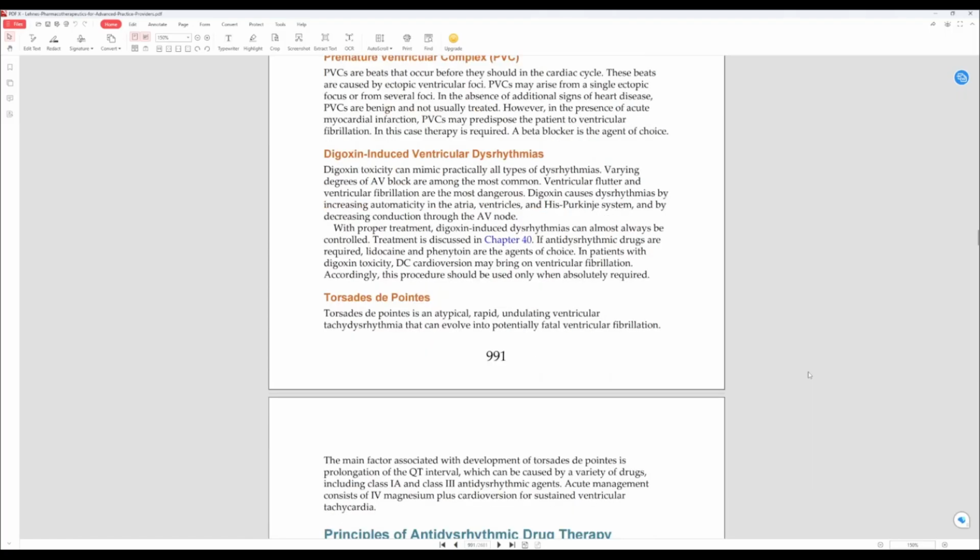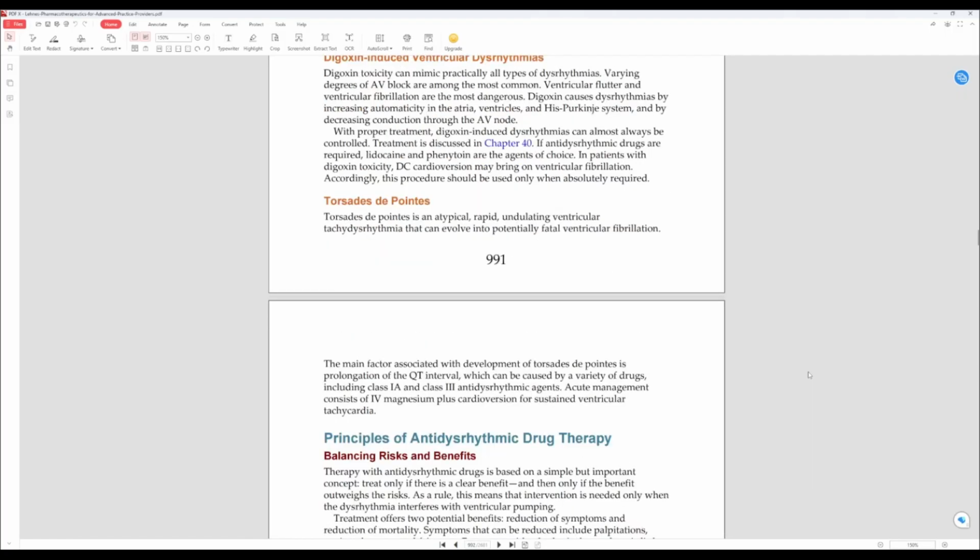Next are digoxin-induced ventricular dysrhythmias. Digoxin toxicity can mimic practically all types of dysrhythmias. Varying degrees of AV blocks are among the most common. Ventricular flutter and ventricular fibrillation are the most dangerous.